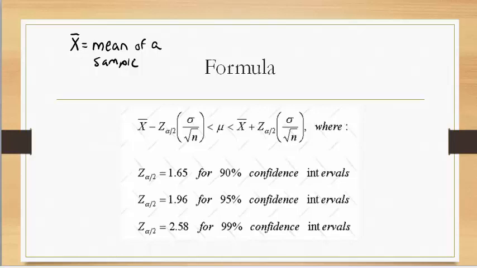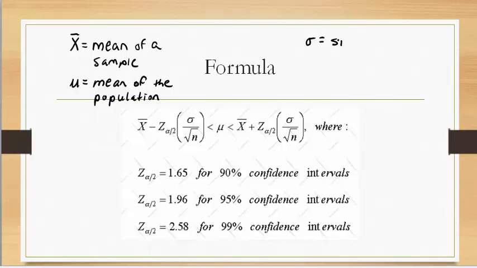And we need to make that distinction now because the formula also contains this symbol, which is the mean of the population. All right, this symbol on the top, that's called a sigma, that is the symbol for the standard deviation of the population.